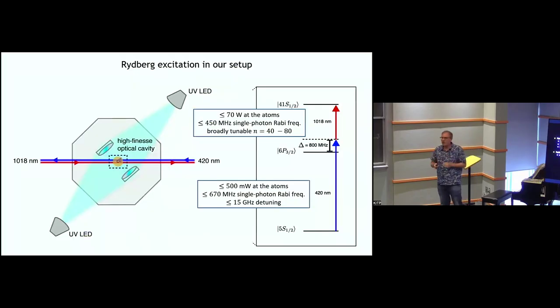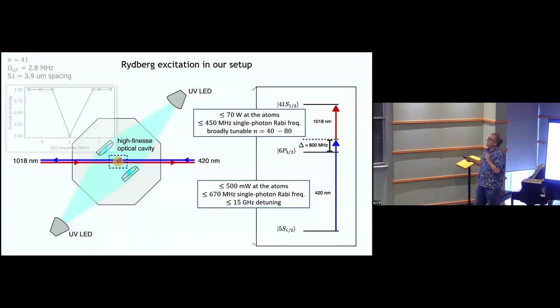So we've been playing around with Rydberg excitations in our system, driving rubidium atoms through a 2-photon excitation up to a Rydberg level. We're able to see the excitation to a Rydberg state by looking at whether an atom is lost from a trap.